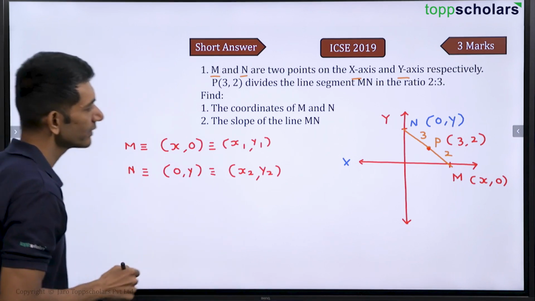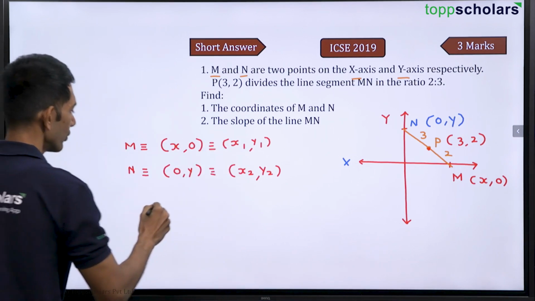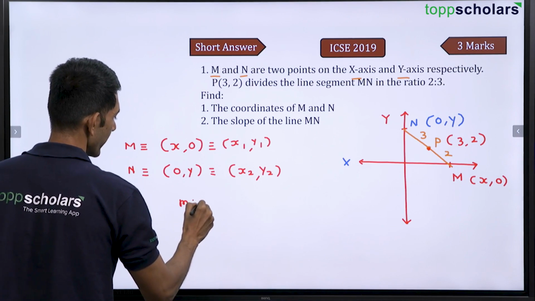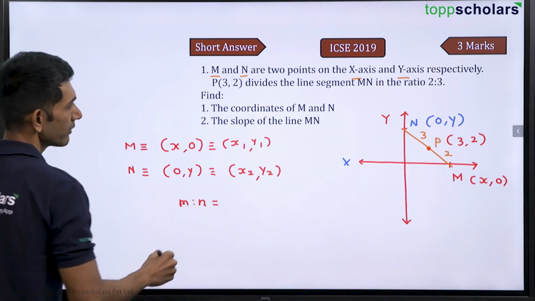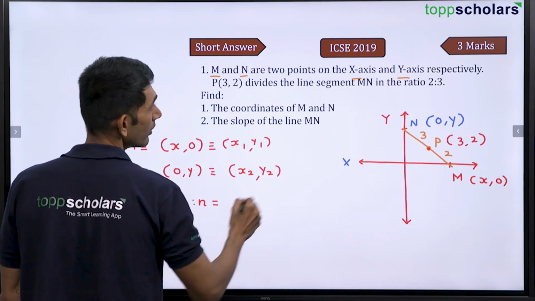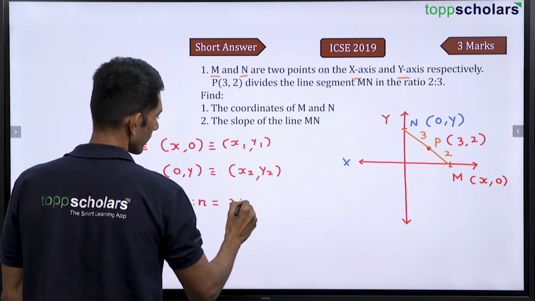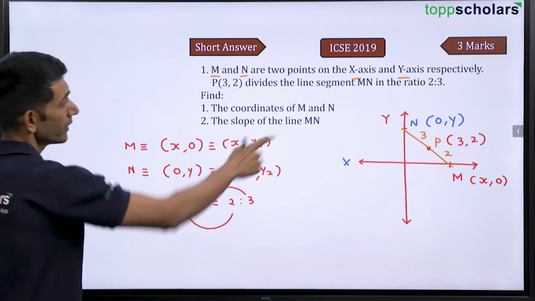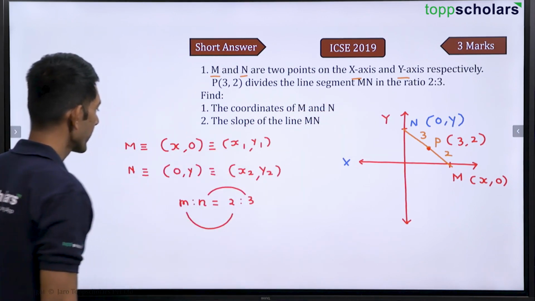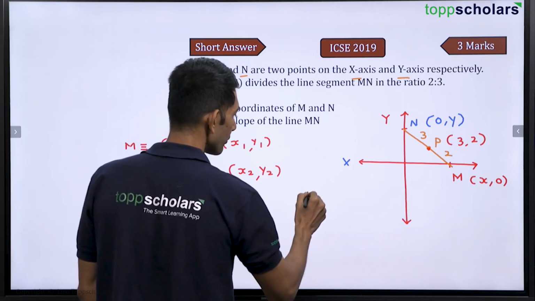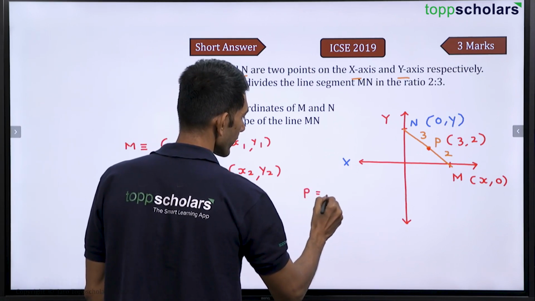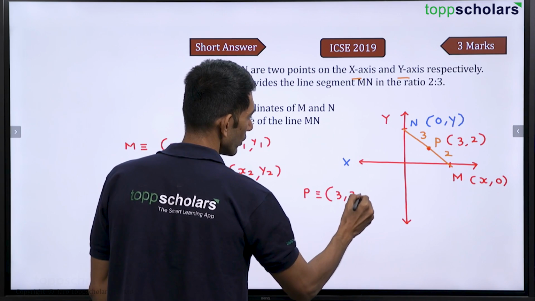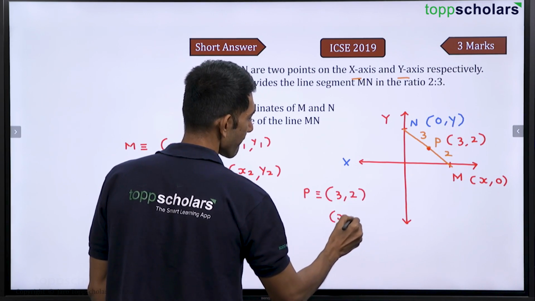So this is x1, y1, this is x2, y2, and the ratio, that is M is to N, is given as 2:3. So M is 2, N is 3. The ratio is 2:3, M is to N. And the point P, which is 3 comma 2, we'll consider that as x comma y.